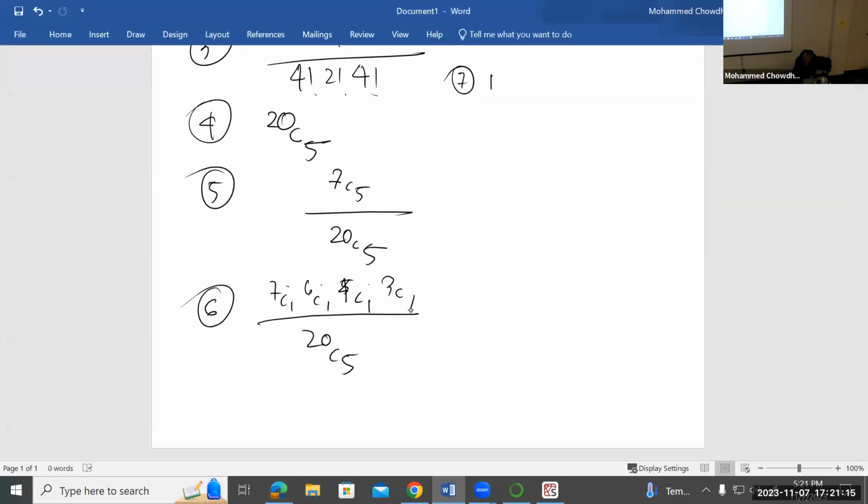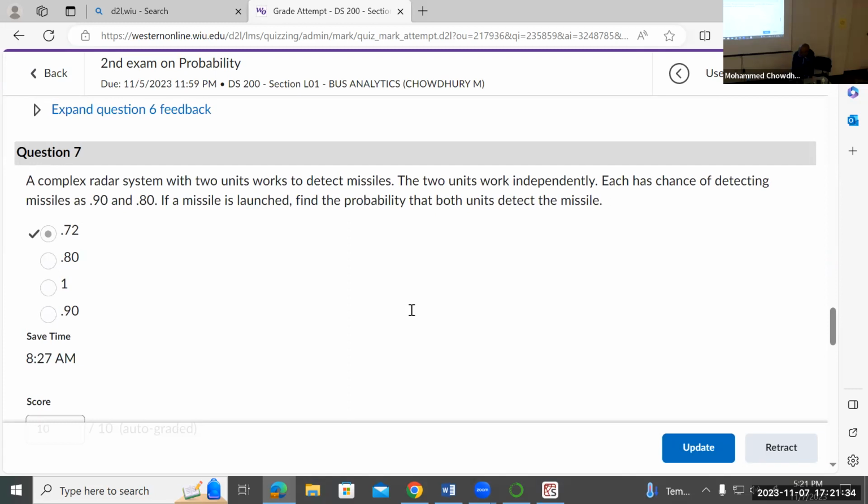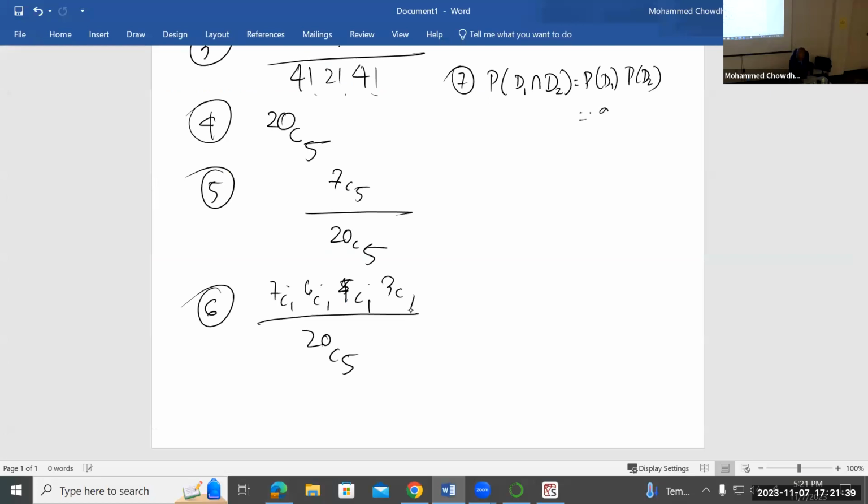What I am asking here is the probability that the first unit and the second unit both detect the missile, which is equal to probability of D1 times probability of D2. Why? Because of the word independence. Are you seeing the word independence? Okay, so that is the reason you put 0.90 times 0.80. Very important concept. Independence is a very important concept in statistics.